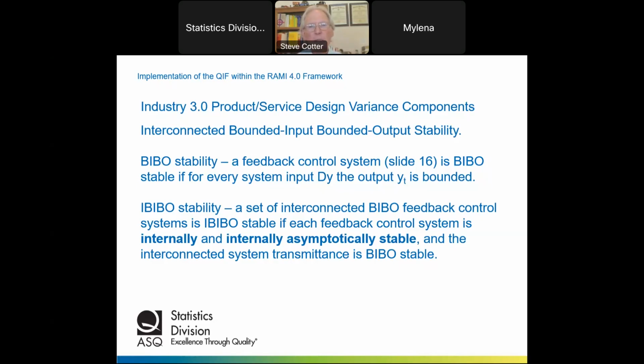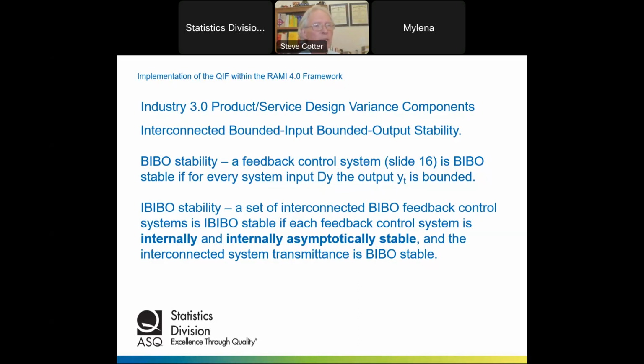So a set of interconnected BIBO feedback control systems is interconnected BIBO stable if each feedback control system is internally asymptotically stable, two different meanings. One is a point in time, and one is as time goes to infinity. And the interconnected system transmittance, key term there, is also BIBO stable.